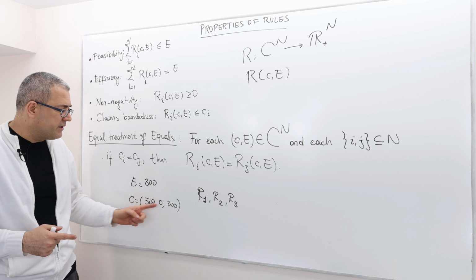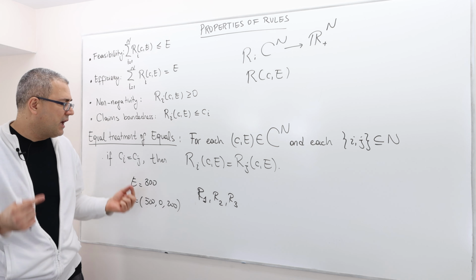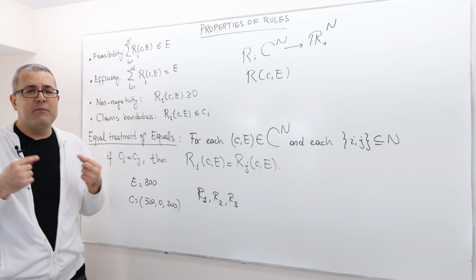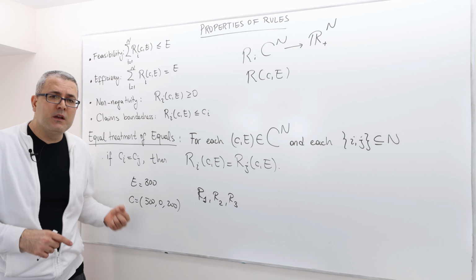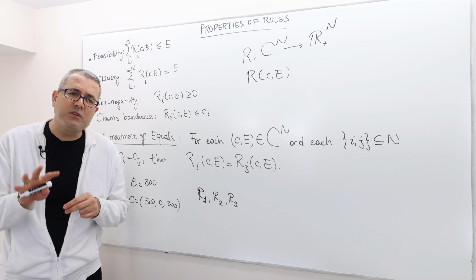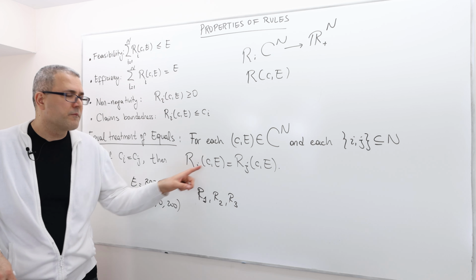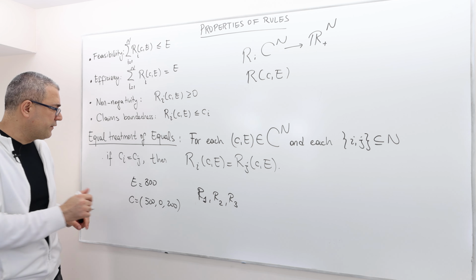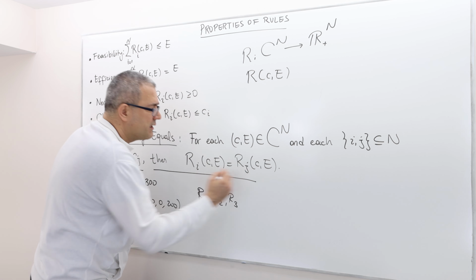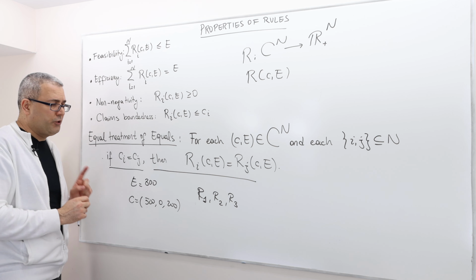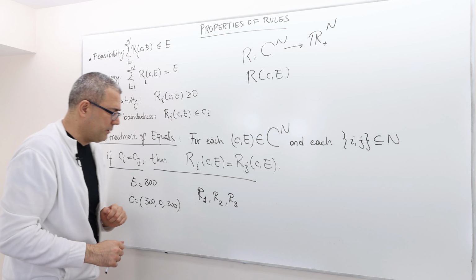Why is that? Because there are no two agents with the same claim in this problem. Therefore, it imposes no restriction on the awards. So don't forget, this is an if-then statement. If this is true, then this must be true.